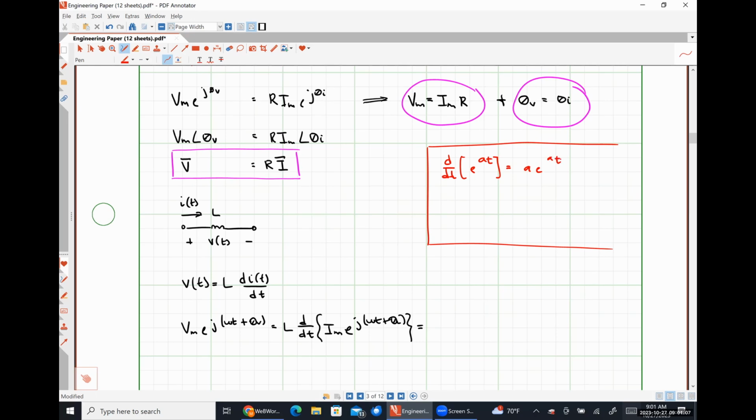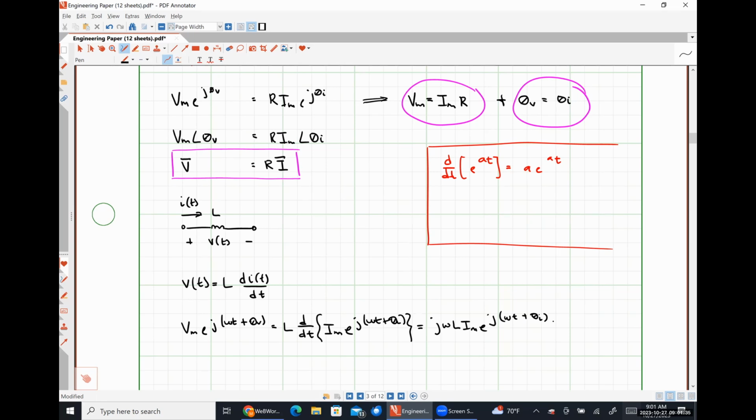In this case, a is just j omega. So when I do this derivative, what I'm going to get is j omega L times Im e to the j(omega t plus theta I).